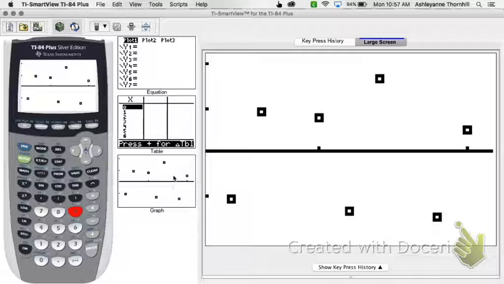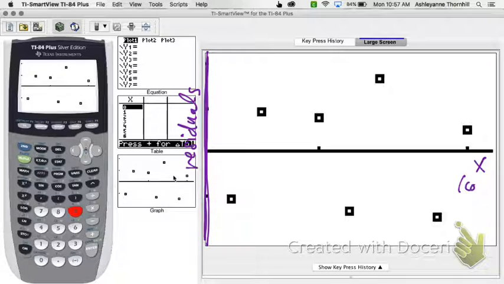So if I were to draw this on a test, my y-axis represents residuals. My x-axis represents whatever my x is in context, and there is no context in this example. So what does X mean then? X is whatever it is. In the last example, it was your right hand span or whatever. So you'll just label it whatever your x-axis is.